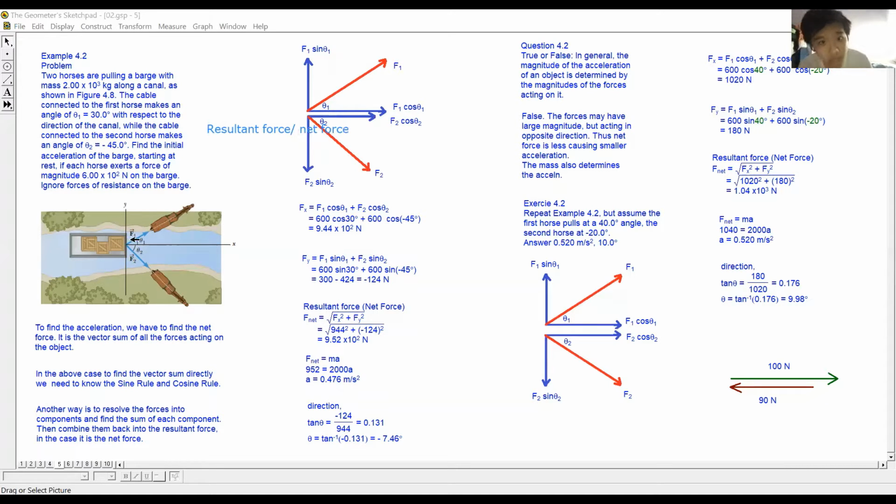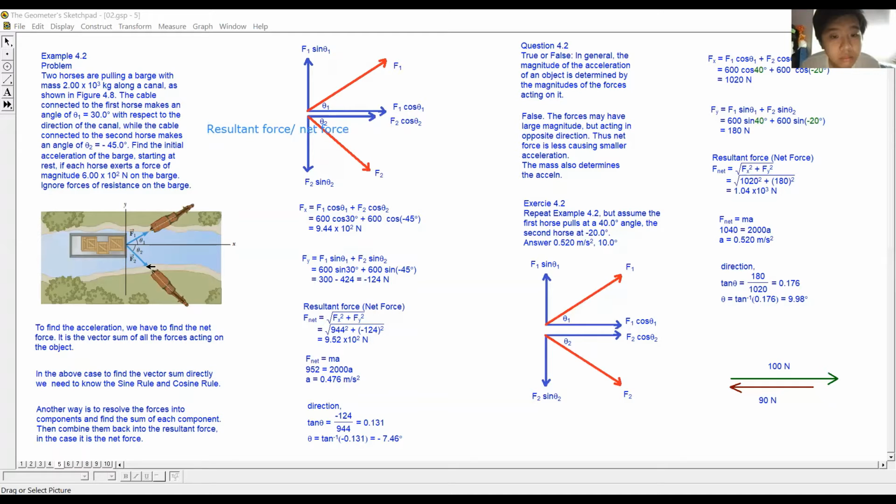Of course, this is F1, this is F2, maybe this is 600, they say it's 600 Newton, 600 and 600. But 600 and 600 will not produce 1200. The reason is because they are acting along different lines. They're acting in different directions. So they will not produce 1200. It will be something less than 1200.